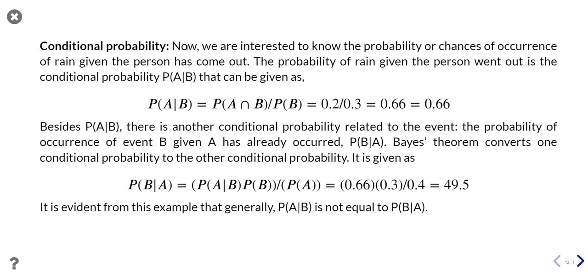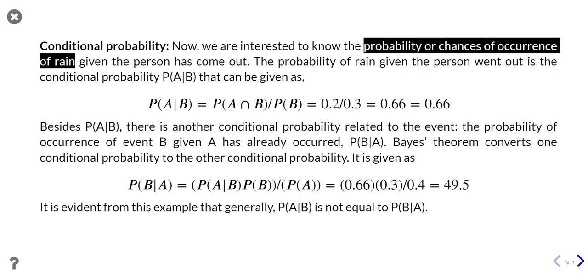Under conditional probability, here is where we are actually more interested to know the probability of the occurrence of rain, given the person has come out.